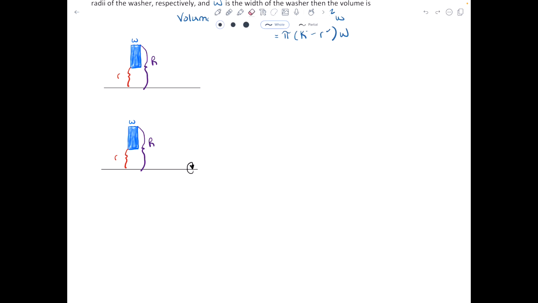All right, so let's erase some of this so our drawing will be a little neater.